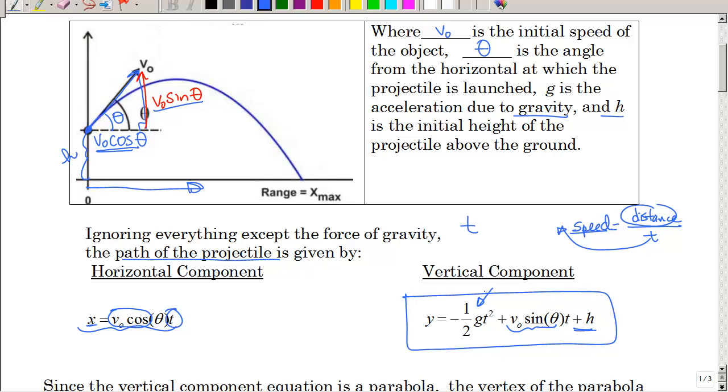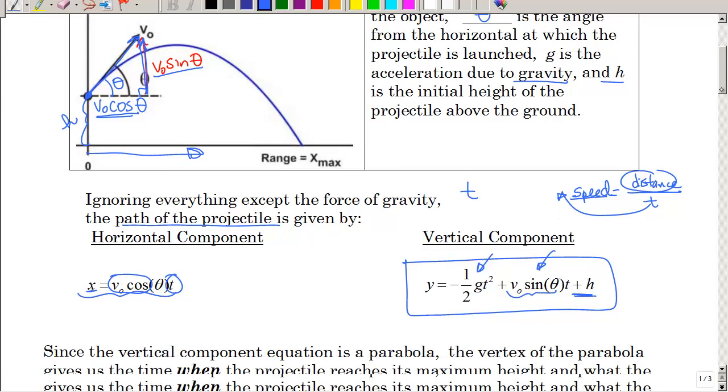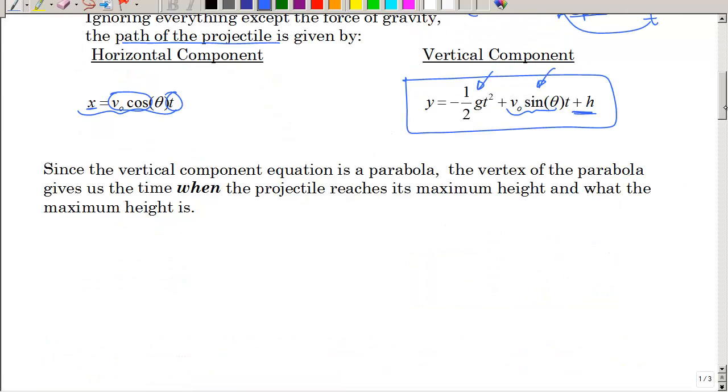So we have this part due to gravity, this is the vertical component of your velocity, and then any initial height. Notice all vertical parts of the path of the projectile. Since the vertical component of the equation is a parabola, notice we have t squared and t, the vertex of that parabola will give us when the projectile reaches its maximum height and what that maximum height is.